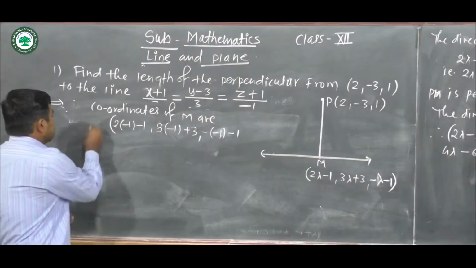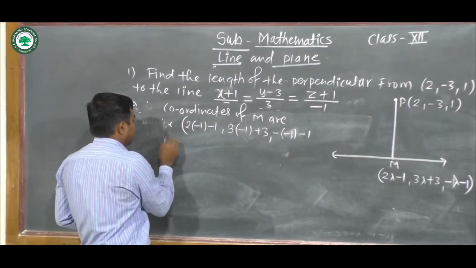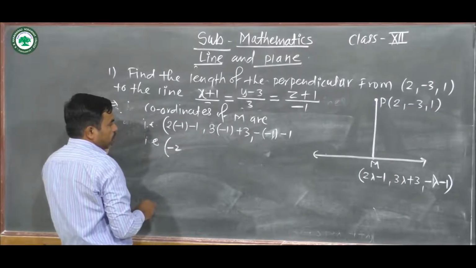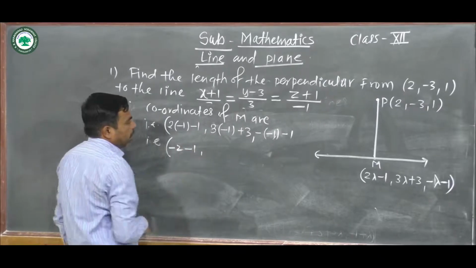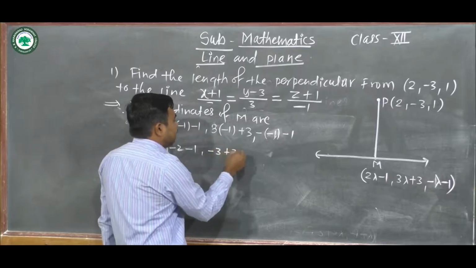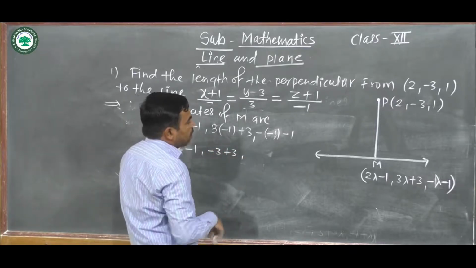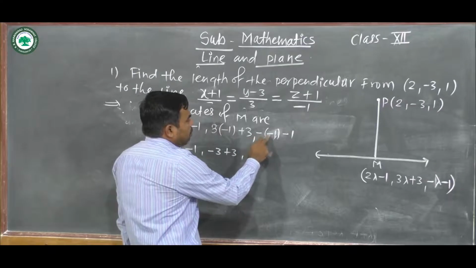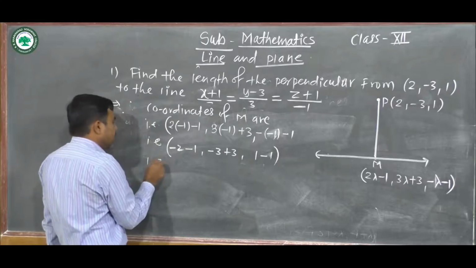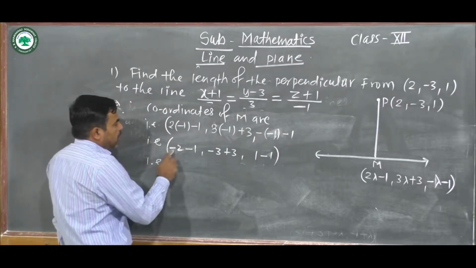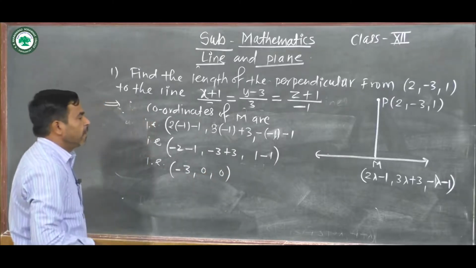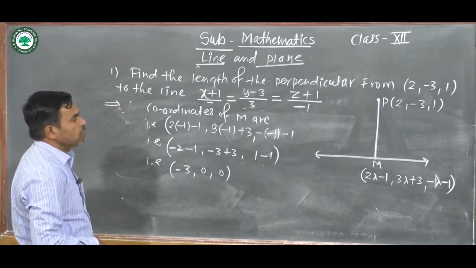That is 2 into minus 1 minus 2, minus 1, comma 3 into minus 1 minus 3 plus 3, comma minus of minus 1 plus 1 minus 1. So the point M is minus 2 minus 1, minus 3, 0, 0. So point M is minus 3, 0, 0.